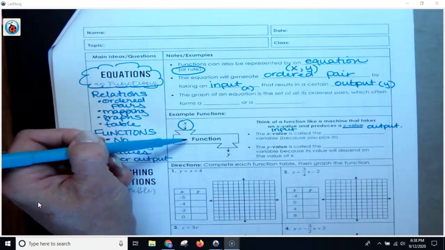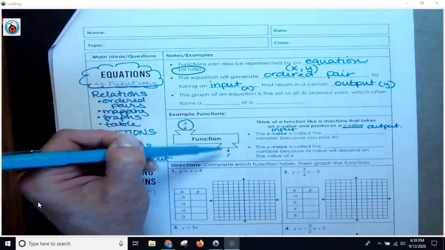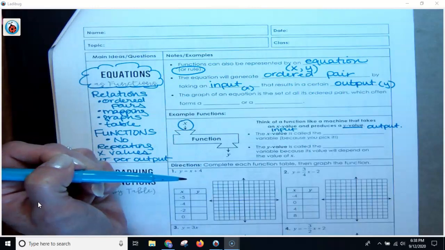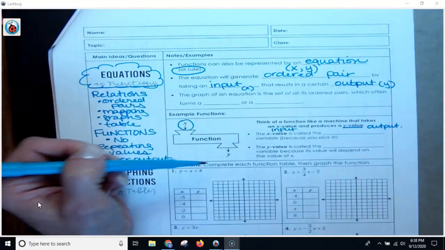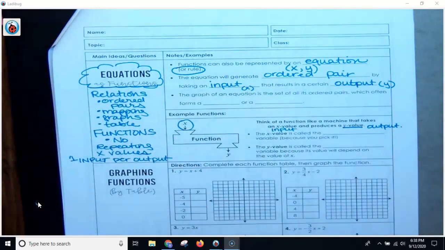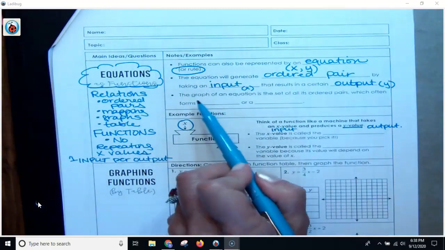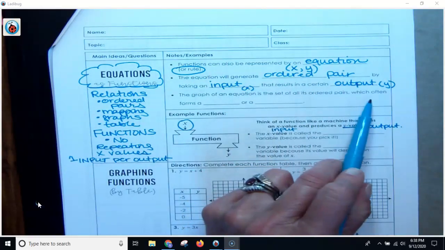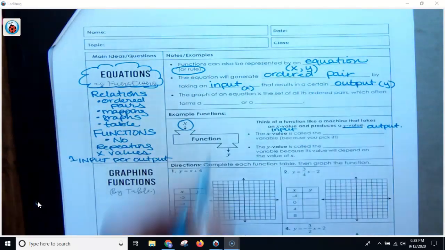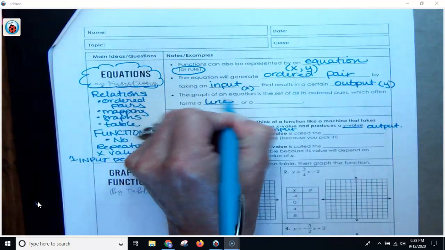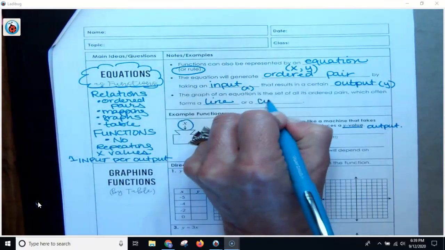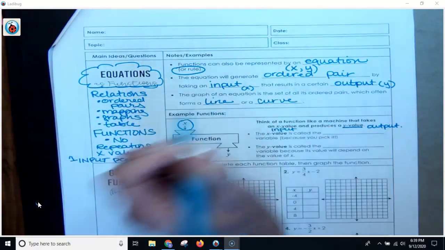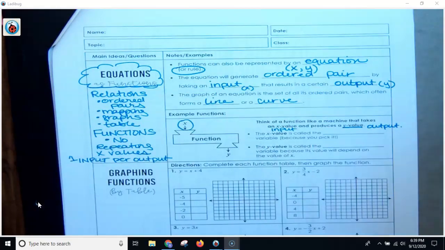The ingredients go in, the function mixes it up, and out comes your cookie. The graph of an equation is the set of its ordered pairs, which often forms a line or a curve or some sort of graph.